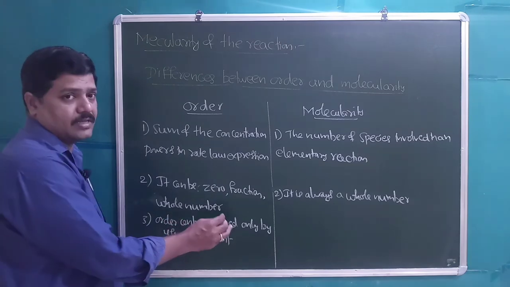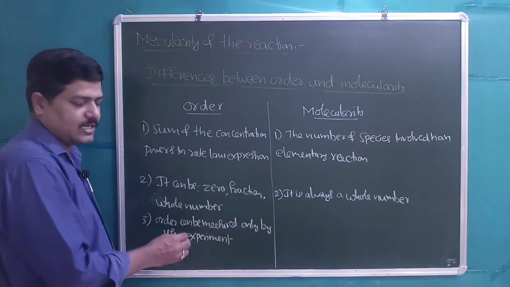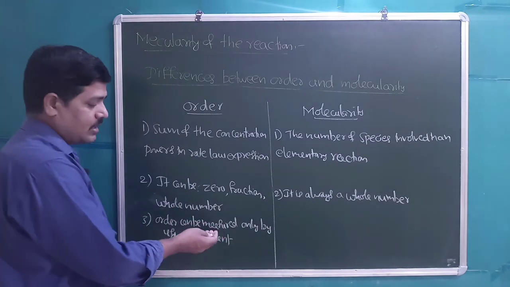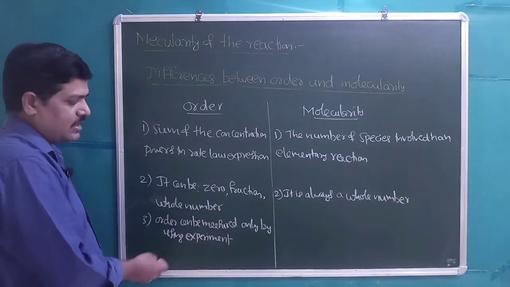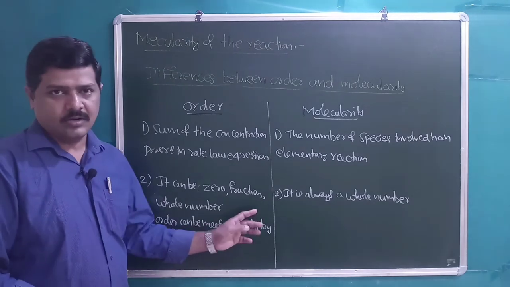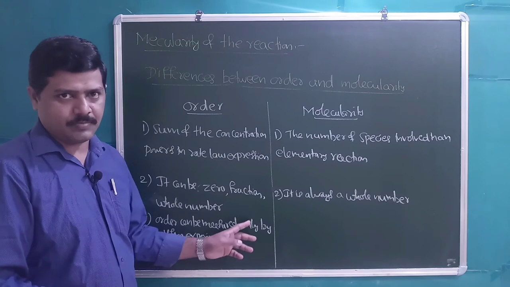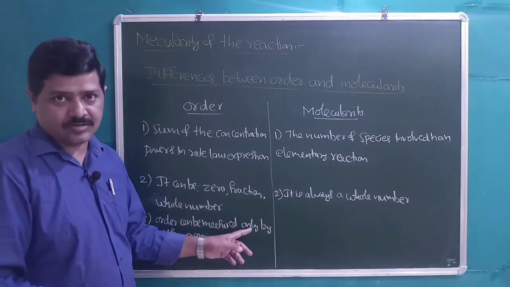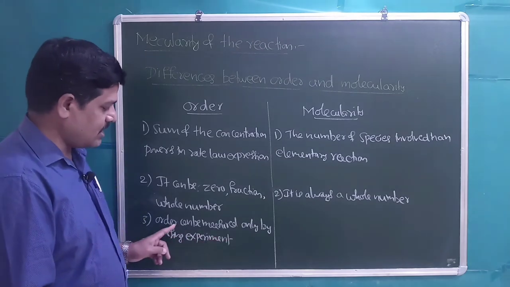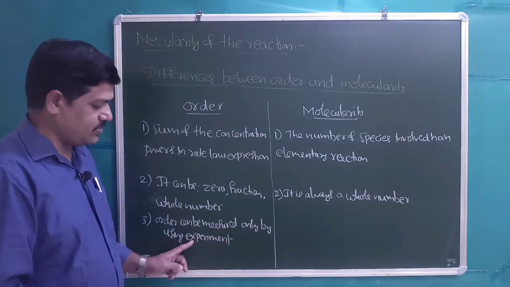Unless they give some more data about the reaction, we cannot predict. No need to predict whether this particular reaction comes under zero order, first order, second order, like that. No need to memorize those equations under a particular order. Order can be measured only by using experiment.